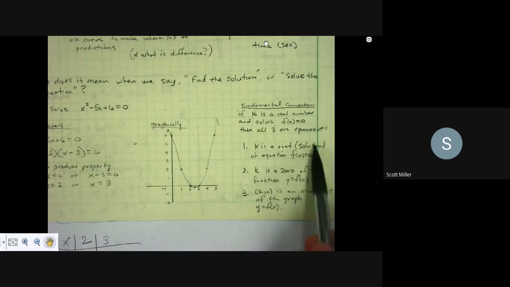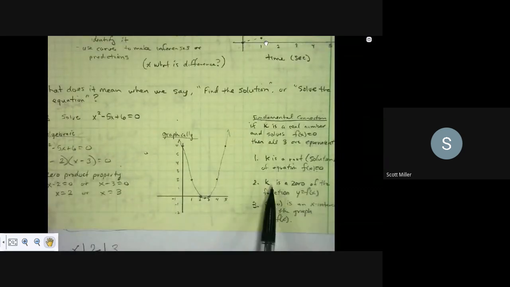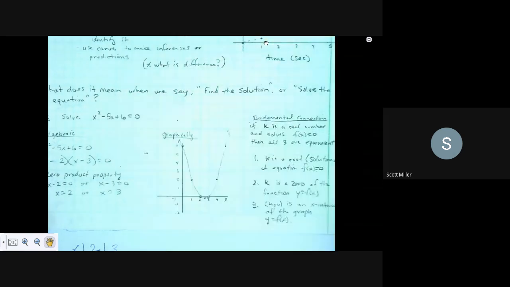K is a solution of the equation. 2 and 3 are the solutions to this equation. K is a zero of this function. In other words, if I take this number and plug it into that, I get a zero. That's what a zero of a function means. A function is not an equation, it's just a function. It's the name, it's the picture.